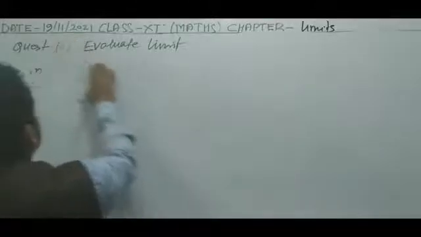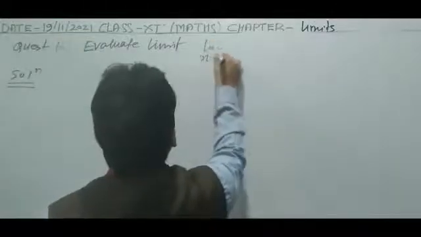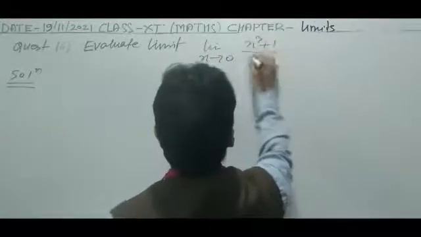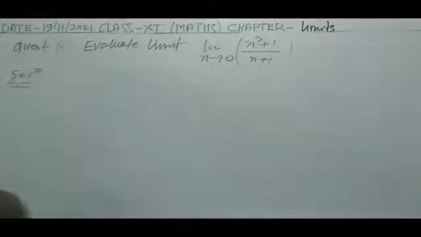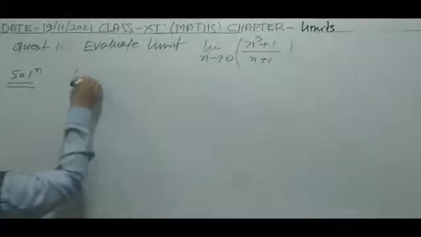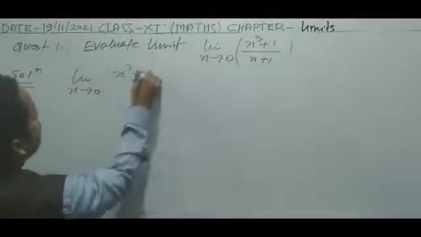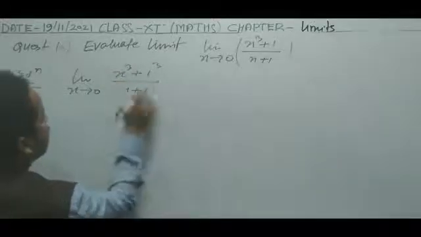This is question number 6. Limit x tends to 0, x cube plus 1 upon x plus 1. Now this is our question. Now limit x tends to 0, x cube plus 1 cube we can write, and next x plus 1.